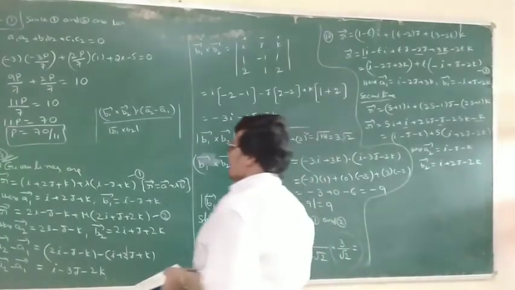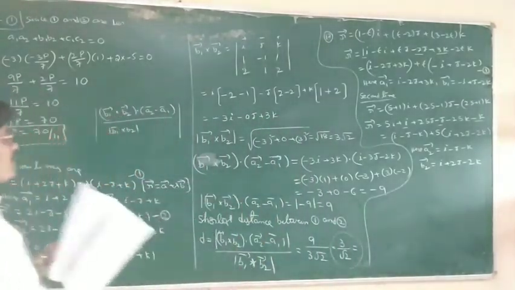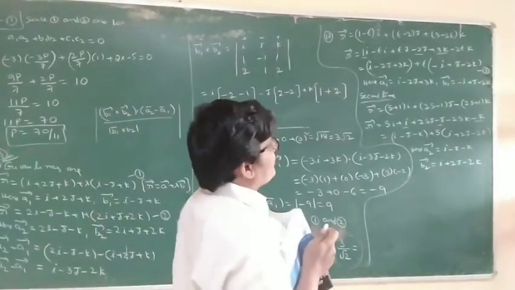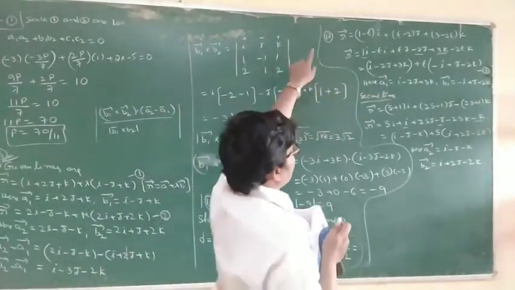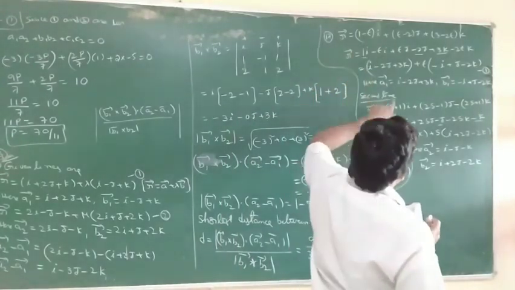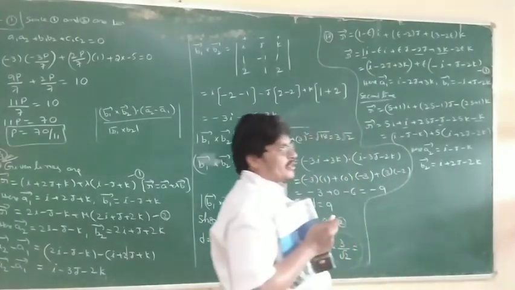Actually this 17th problem is the same as the 14th problem, but the vector equations are given indirectly, so we convert them into the general equation. In the first equation t is a parameter, in the second vector equation s is a parameter.